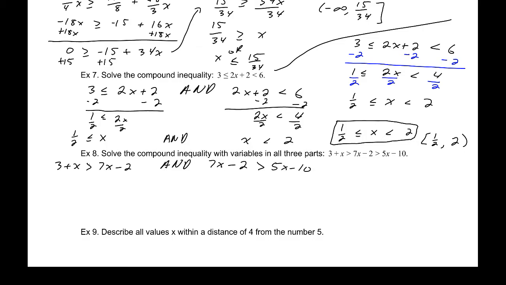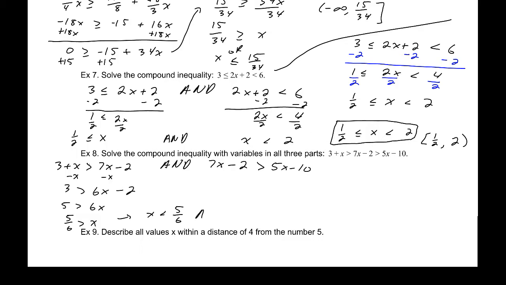All right, on the left, I'm going to subtract x from both sides. So 3 is greater than 6x minus 2, adding 2 to both sides. 5 is greater than 6x, and so 5/6 is greater than x, or x is less than 5/6.